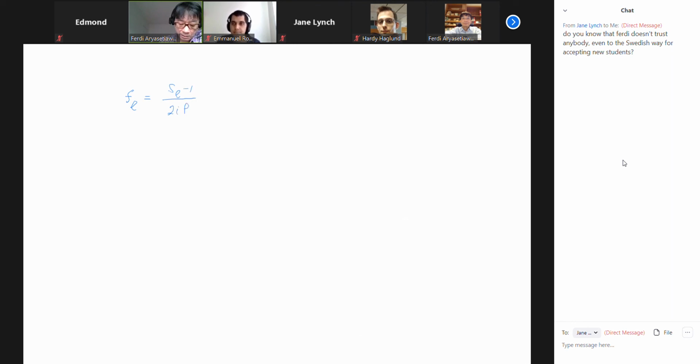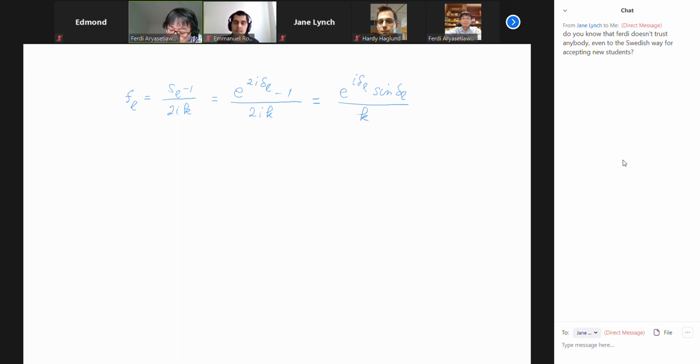That's just rewriting the F in terms of the S, and now we use our definition of the S in terms of the phase delta L. After a little algebra you will find that it is equal to... okay, that's quite straightforward, I think.